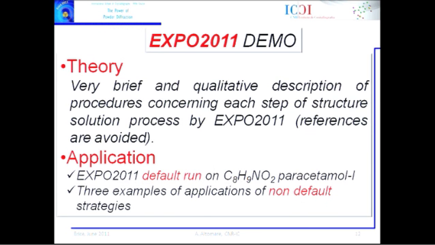In my introduction to Expo 2011, I will give very brief and qualitative descriptions of the procedure corresponding to each step of the solution process by Expo 2011, and I will avoid the references, and I will give some examples of application. In particular, an example of a default run by Expo 2011 for the solution of the paracetamol structure, and 3 more examples of application of special strategies in Expo 2011 corresponding to non-default runs.